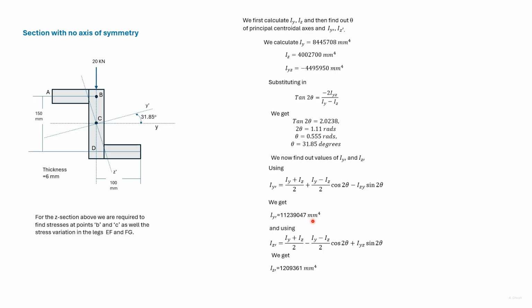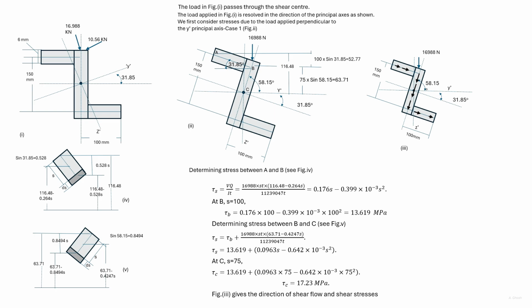So we have determined I y dash and I z dash. Here we have resolved the forces along the two principal centroidal axes. We'll find out the stresses due to these two forces in turn.